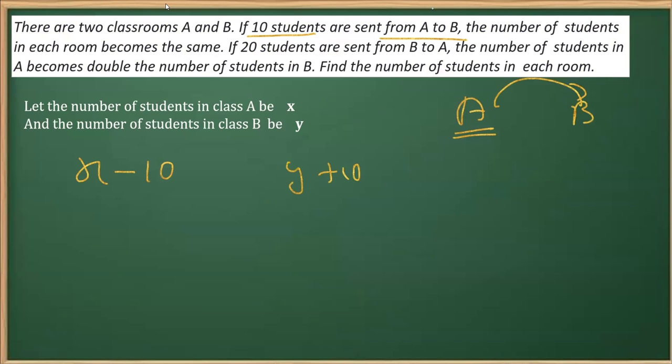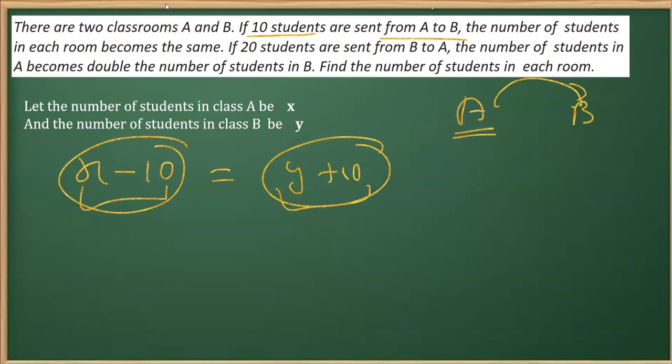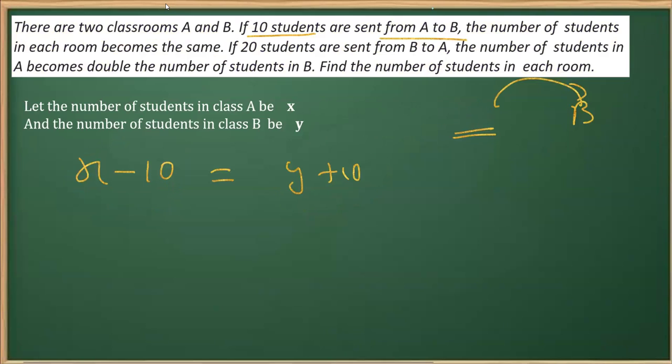After shifting, both classes are equal, so we can place an equal to sign in between them.